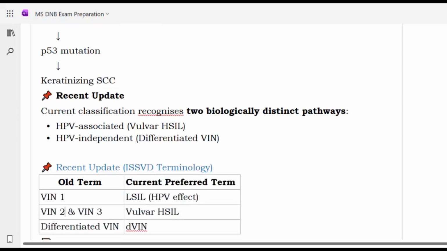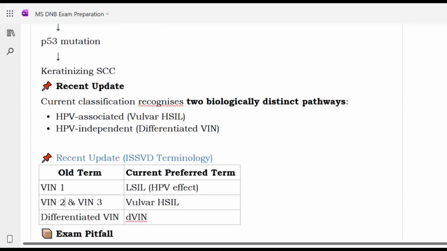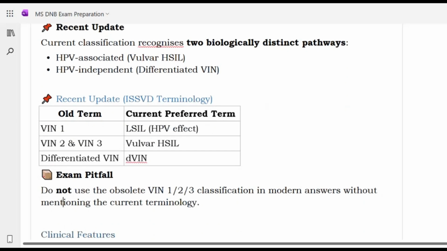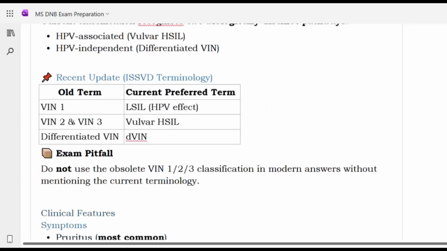So the current classification recognizes two biologically distinct pathways. One is HPV associated, that is vulvar HSIL, and second is HPV independent, associated with dVIN or differentiated VIN.